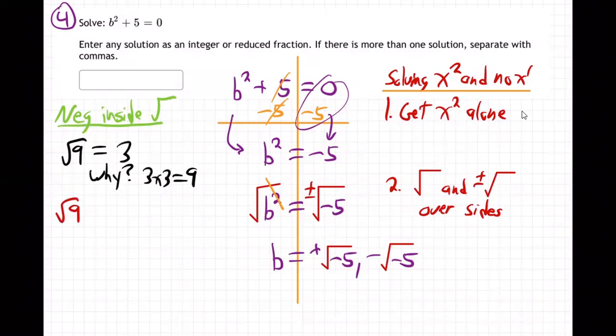So by the same logic, what's the square root of -9? Is it -3? No. -3 times -3 is +9, not negative, right? We're trying to do the square root of -9 here. So it's not -3, because two negatives make a positive and would not go back to -9, would it?